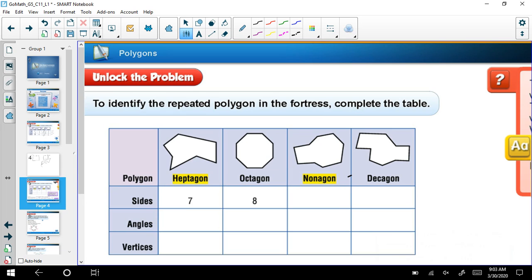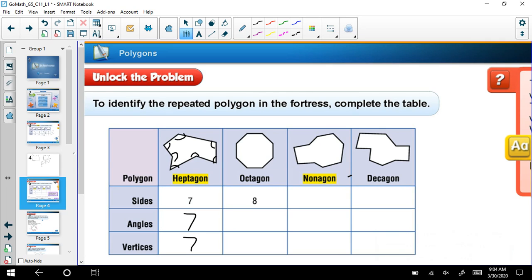And if we were to look at this one, we would see that we have 1, 2, 3, 4, 5, 6, and 7 sides. And just like with our other page, we're going to see that we have, in fact, got 1, 2, 3, 4, 5, 6, and 7 angles. And if we have an angle, then we obviously are going to have a vertice.